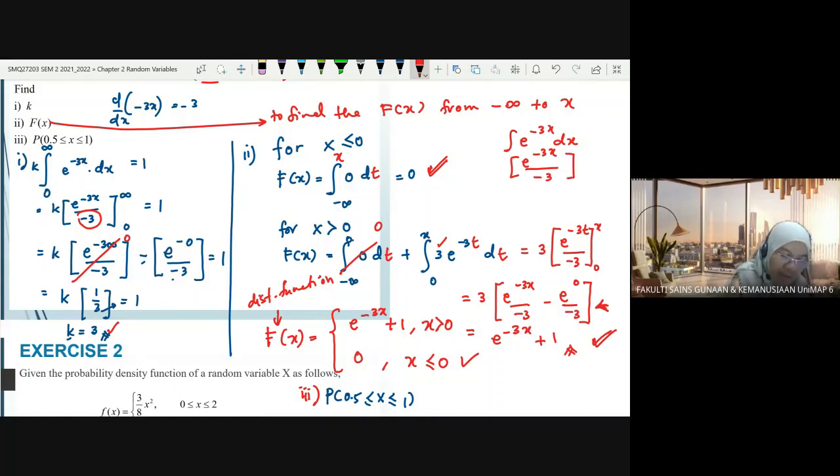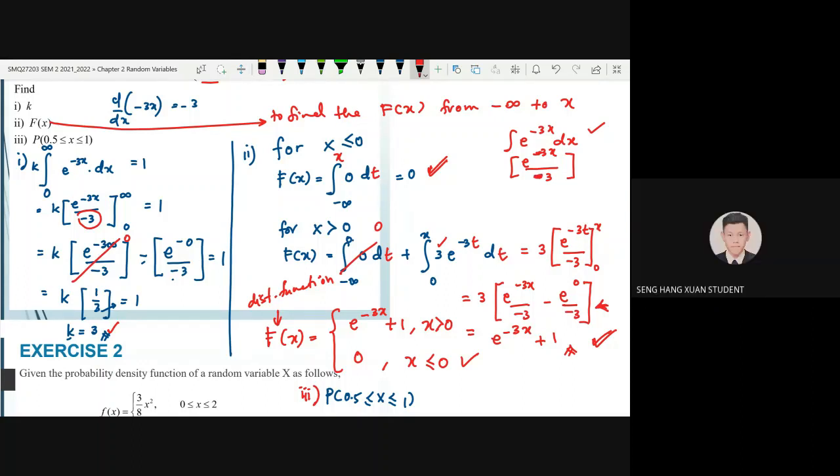So this is the integration answer for this part. So this negative is this negative. The negative for the exponent is actually here because the coefficient for 3x is negative here. So I took the negative here.